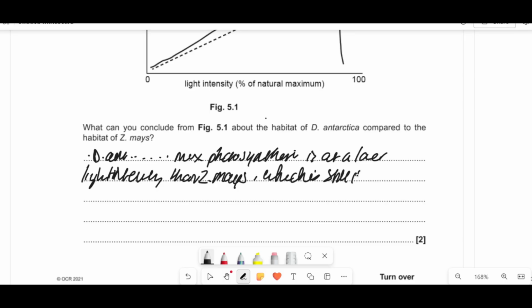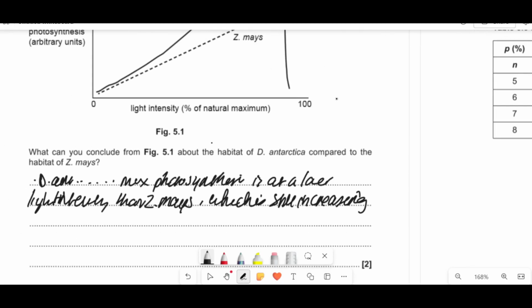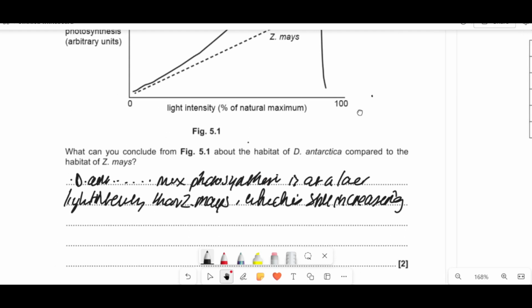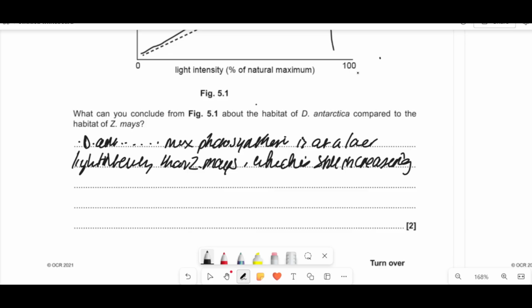So that means we need to link this to the habitat. So this means its habitat prefers to have some sort of sweet spot, and then bang, it drops. So if we kept going, maybe this would get even higher. So it must be that this Antarctic plant prefers having a lower light intensity in its habitat than Z. mays. Therefore its habitat is probably darker than Z. mays.